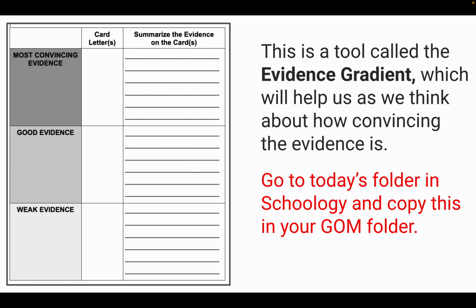If you have evidence that's very weak, think of weak tea. It's kind of clear, just barely colored. Your weak evidence would go down in that box. Good evidence is a little bit darker, and then really strong tea or strong coffee is dark, and so your most convincing, strongest evidence goes up there.